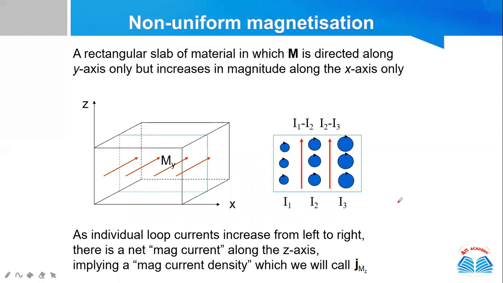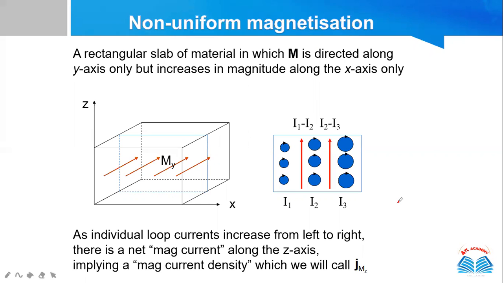Now, till now, I am talking about uniform magnetization. But what if there is non-uniform magnetization, where magnetization is changing with different places? Then we will divide that magnetization according to the direction.